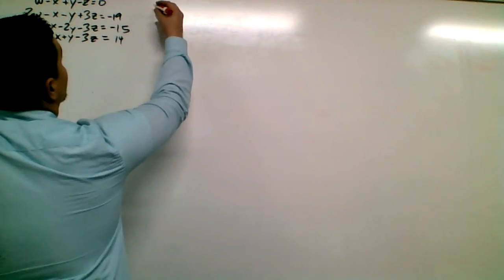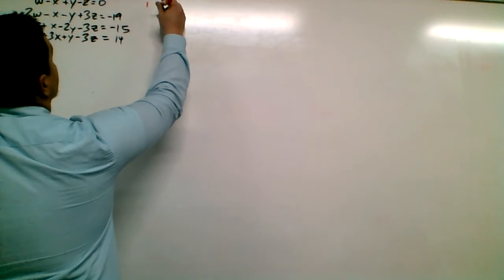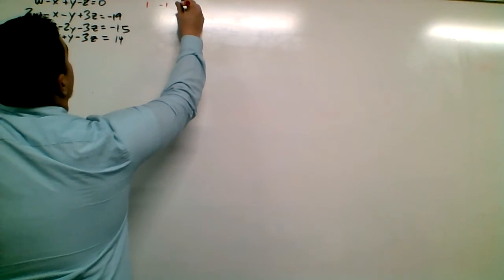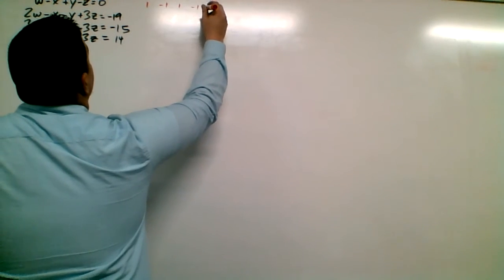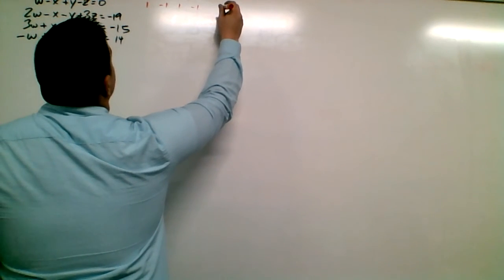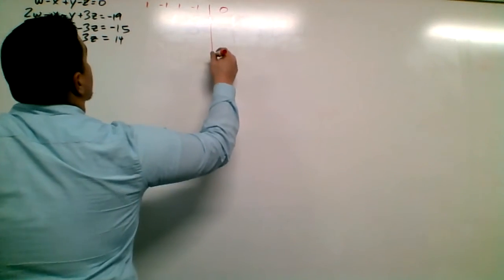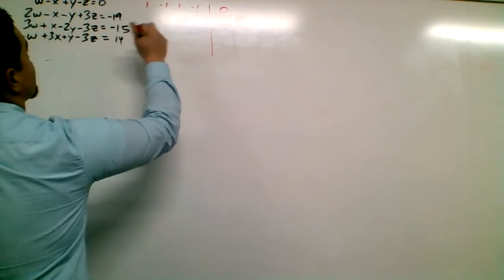So one thing we did in class was we changed this to augmented matrix form, and all that means is that we put numbers in for w, x, y, and z. So in this particular equation, we would have the numbers 1, -1, 1, -1, and 0 with the vertical line here for the values on this side of the equals.